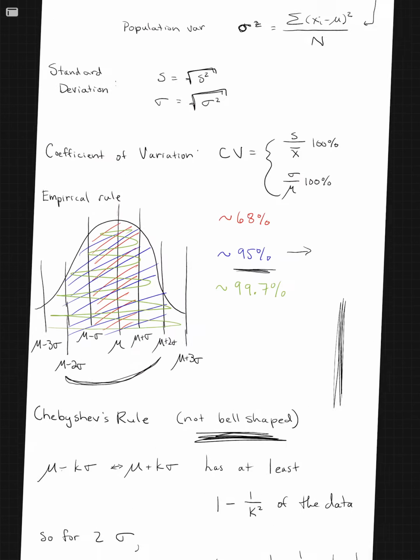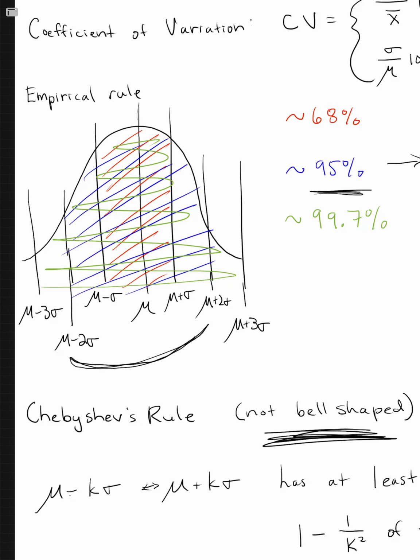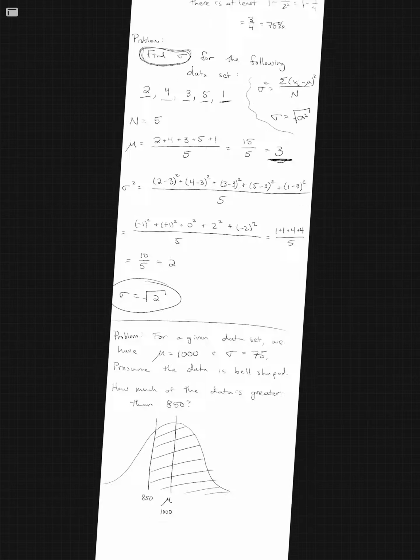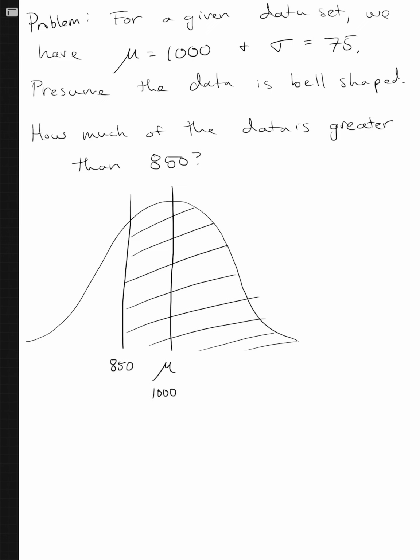So if we think back up here to the rule that this maybe reminds us of, we need to know how many standard deviations we are away, right? Because that's what our empirical rule tells us about, being a certain number of standard deviations away. So the way we do that is we figure out how far away we are in total, right, by subtracting two numbers from each other.